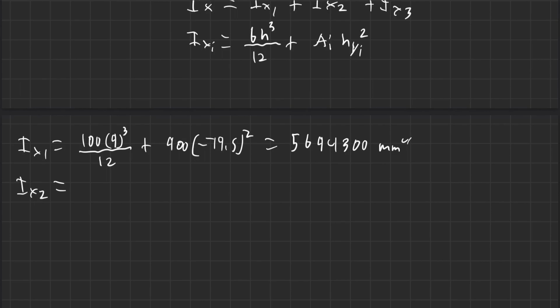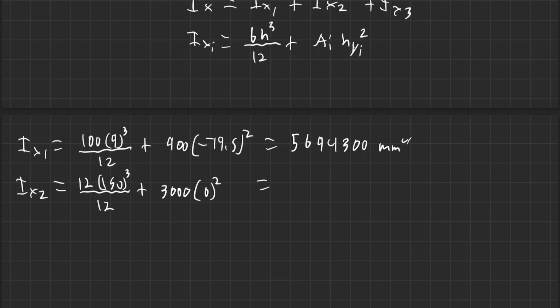So let's do the same thing for the second shape. We know that the base is 12 and the height is 150, so 12 times 150 to the 3 over 12, plus the area, 3,000, times h, but we know h is 0, so 0 squared.